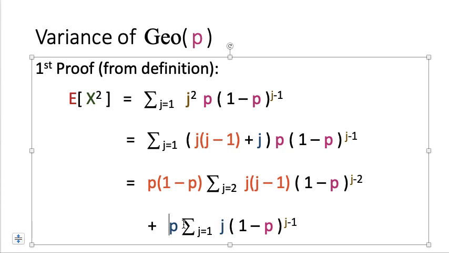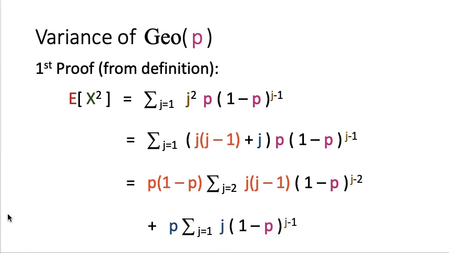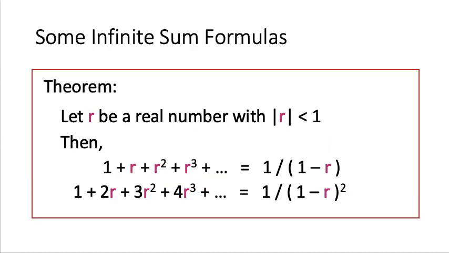Now, why do we want something like this? It is because we can make use of the formula on infinite sums that we explained earlier in lecture 5. Recall that we have formulas for something like 1 plus 2r plus 3r squared plus 4r cubed and so on.